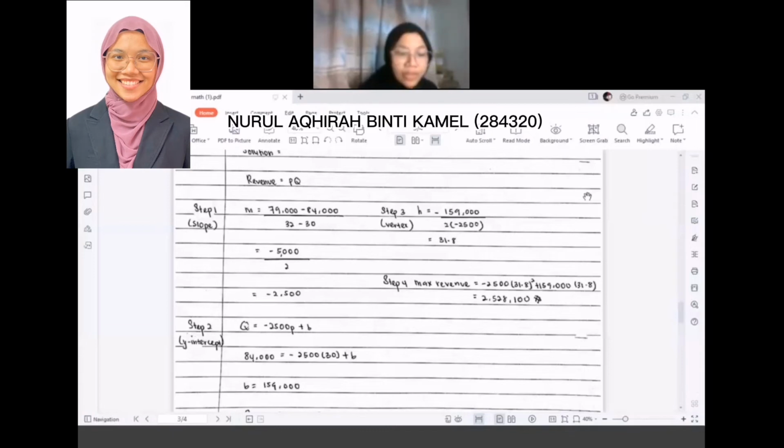Next, this model tells us that the maximum revenue will occur if the newspaper charges 31 dollars and 80 cents for a subscription. To find what the maximum revenue is, we evaluate the revenue function.